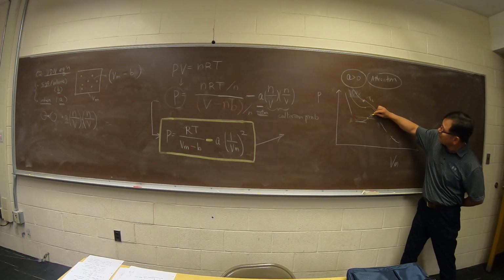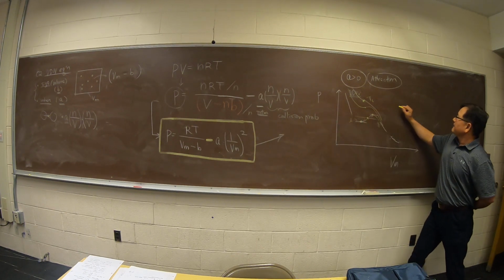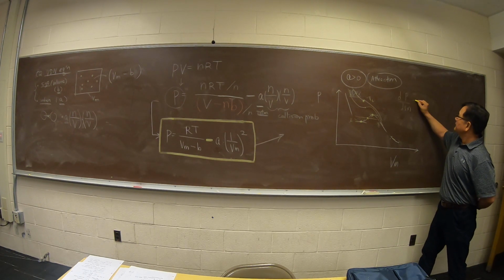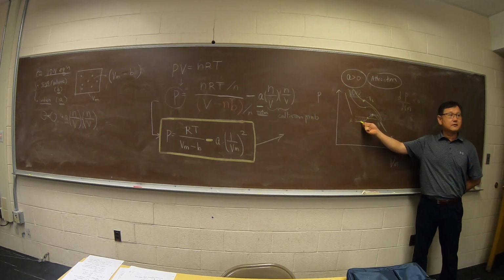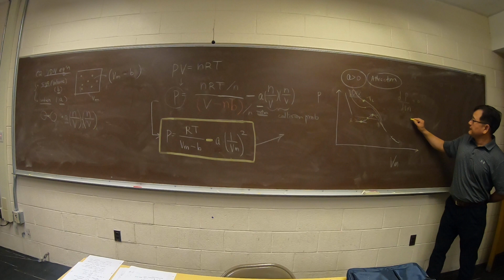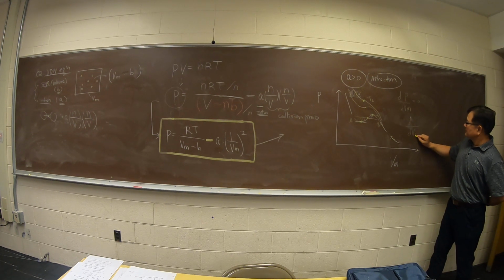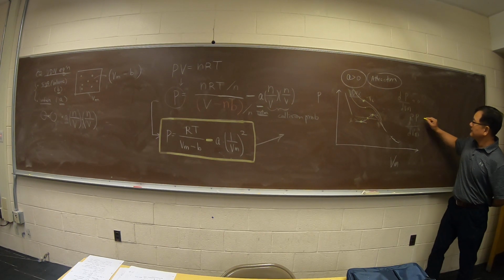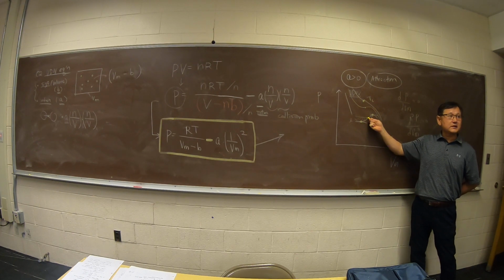So you got 3 data points. If I take the derivative of this, if the slope is 0, that's this point. And if I take one more derivative, which is the second derivative of the van der Waals gas, that's where the surface curvature is changing.